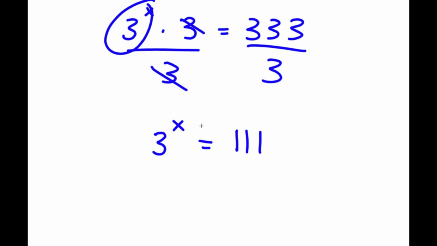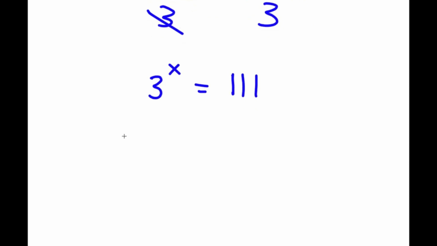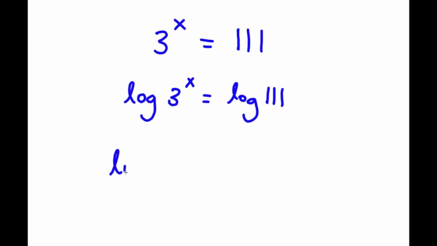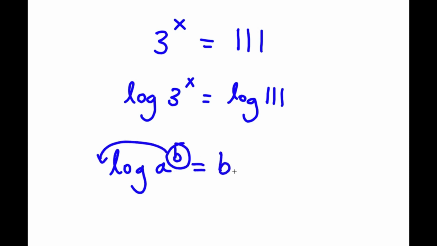So to solve this, what I'm going to do is take the log on both sides. So now I have log 3 to the power of x is equal to log 111. So now, if I have something in the form log a to the power of b, I can actually move this exponent b to the front. So this is going to equal b times log a.